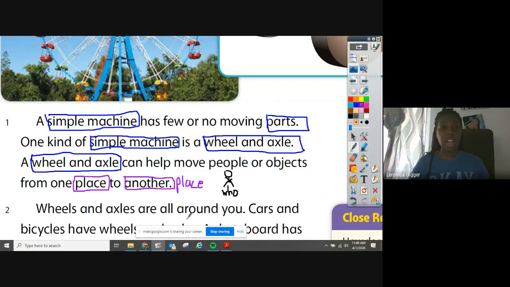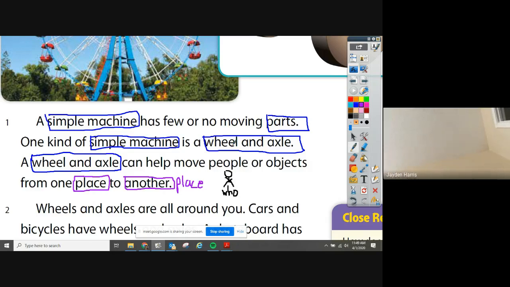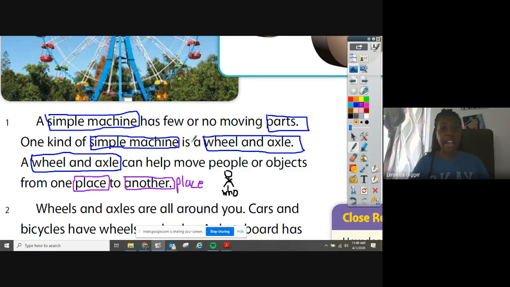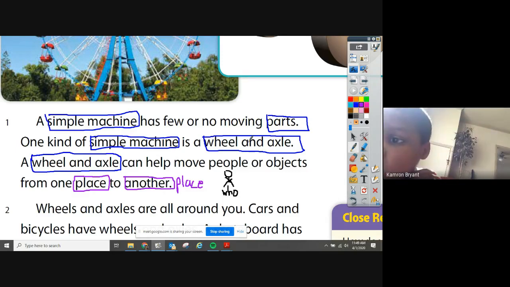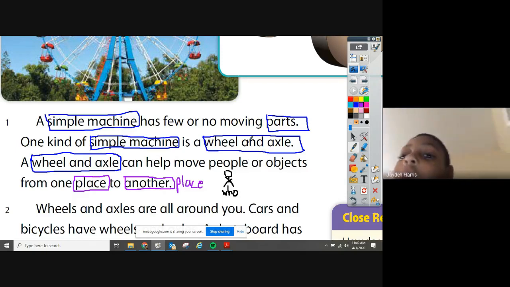All right, so let's look at the words that I have highlighted here in blue and in purple. We learned that a wheel and axle is a type of what? It doesn't say a wheel and axle is a thing. A wheel and axle is a kind of simple machine.